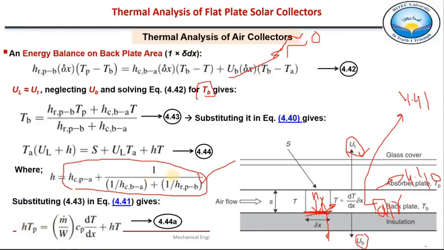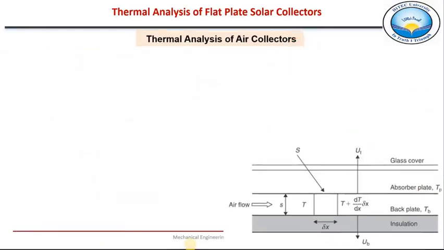Here the same H is actually given by this term. The mathematical steps we shall not be doing. We shall be only using these equations to solve the numerical problem. So now we have this equation 4.44a.